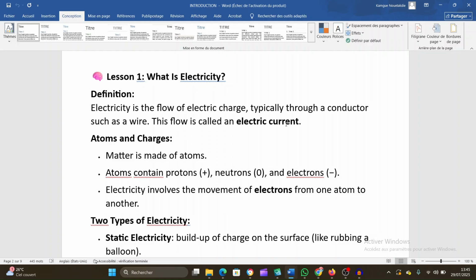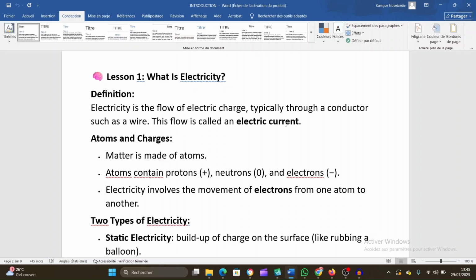Now, these atoms that make up a matter contain protons, which are symbolized in parentheses by plus, neutrons, symbolized in parentheses by 0, and electrons, which are symbolized by minus. The atoms contain protons plus, neutrons 0, and electrons minus.